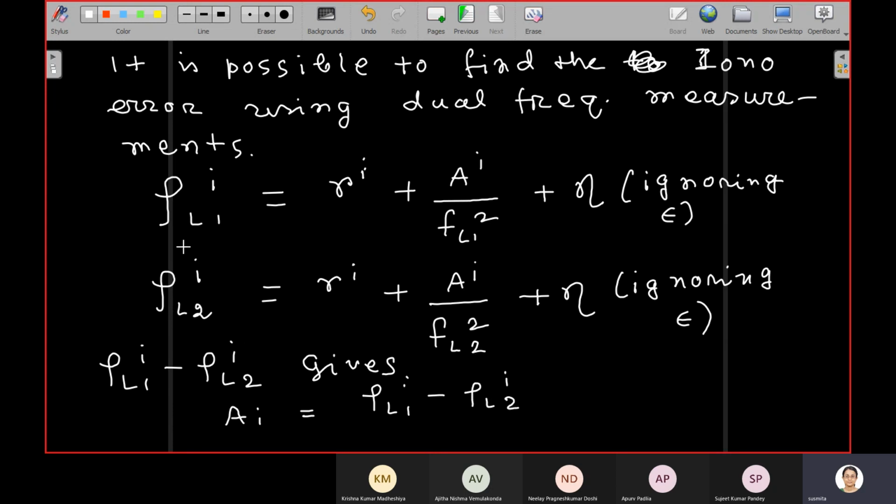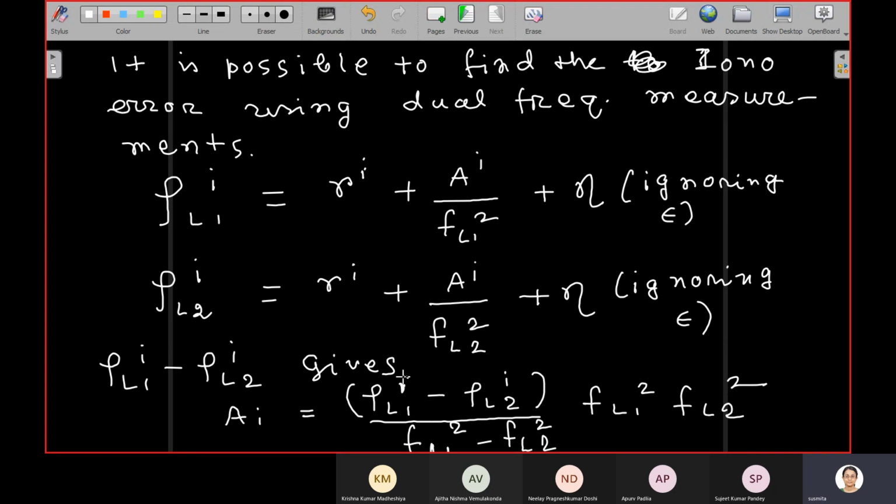I'm just subtracting this one from this and rearranging the terms. That's all. Okay, so we found AI.